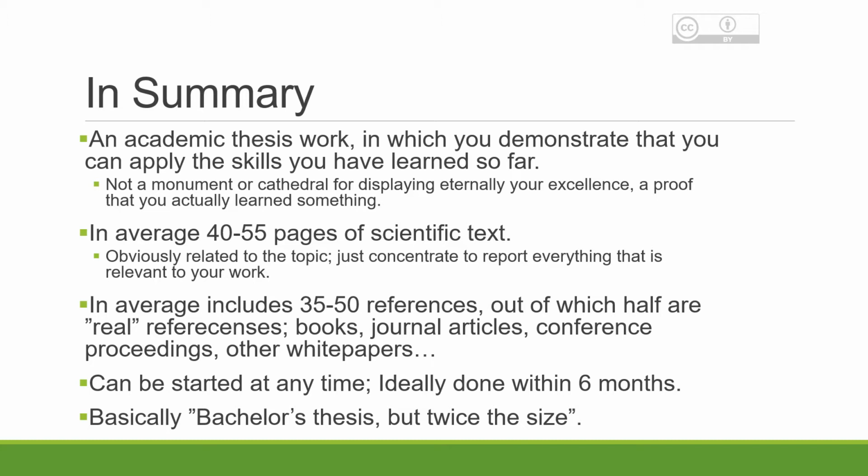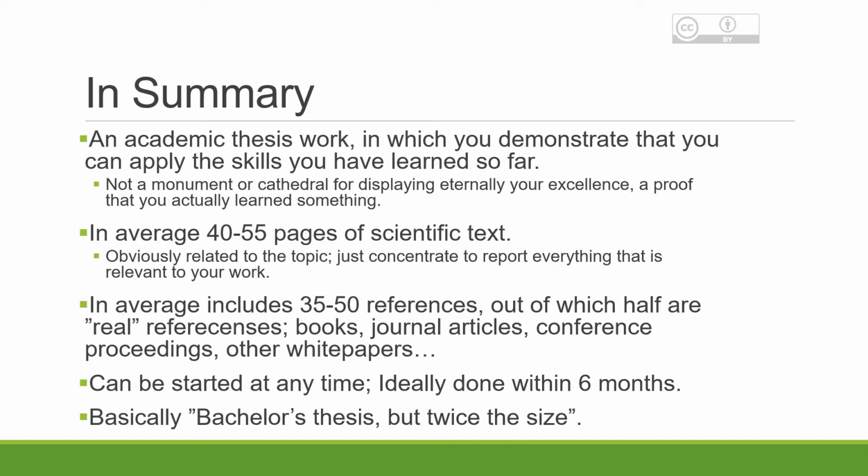On average, we talk about 40 to 55 pages of scientific text or scientific content. But of course, this is really dependent on the topic you have chosen. The general idea is just to concentrate on reporting everything that is relevant to your thesis topic and your thesis work.